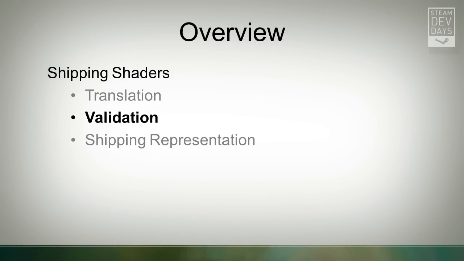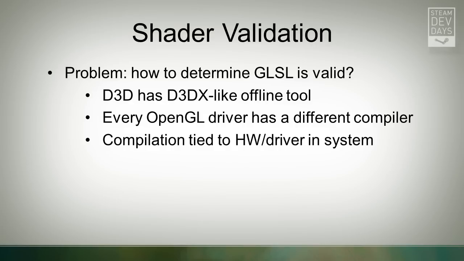So I've talked so far about how we translate from HLSL to GLSL. I want to talk now about how we validate that our GLSL is correct. So the problem is, if you're writing GLSL, for those of you who have, you know that each OpenGL driver has its own compiler. And this can mean you can run into bugs where your shader works on one driver but not on another.